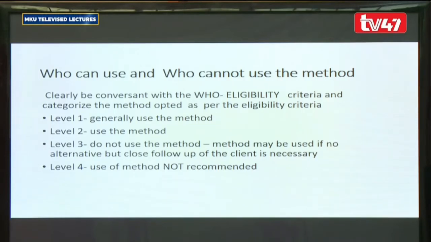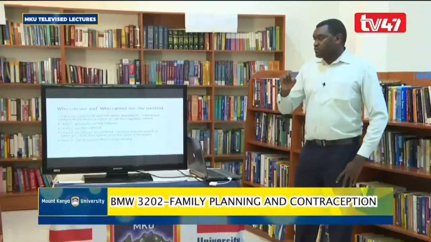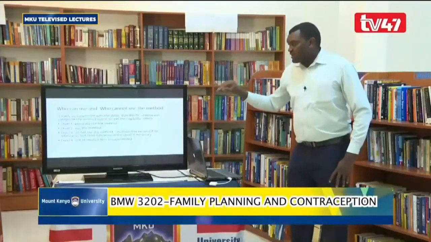So, for example, a client who comes to you wants to use combined oral contraceptives and has a certain cardiovascular disease. Then, even if that client wants to use that method, you as a healthcare provider, you are not supposed to give, because that patient is not eligible for that family planning method.